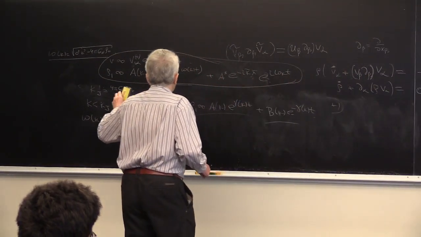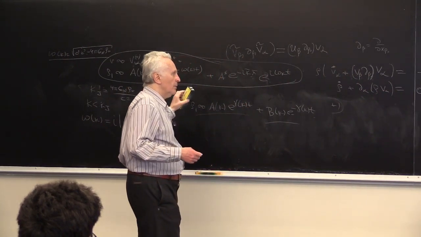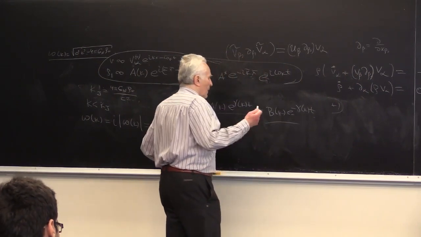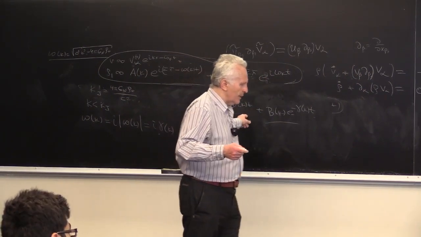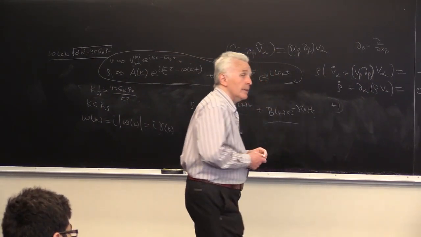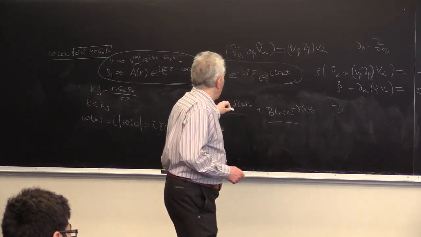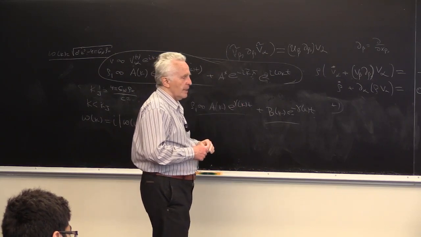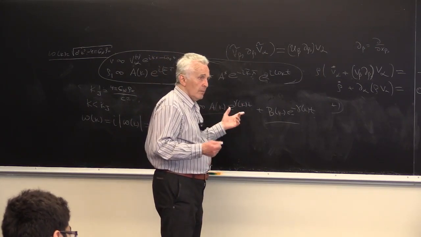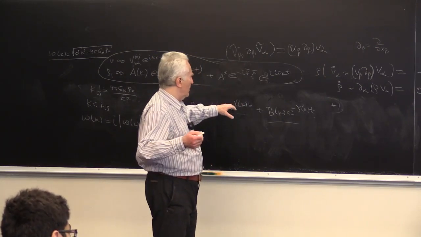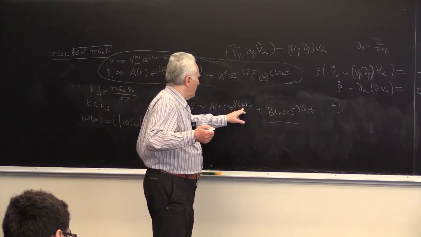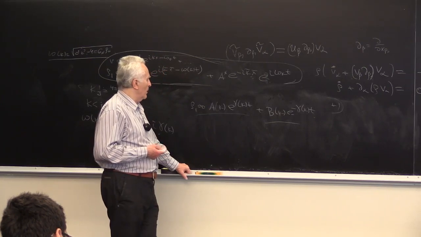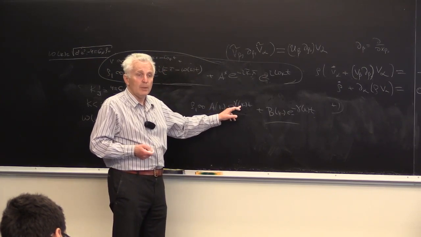Now one more interesting solution. As I told you, by the way, this Jeans instability is an instability in the sense that we got exponential blow up of this.